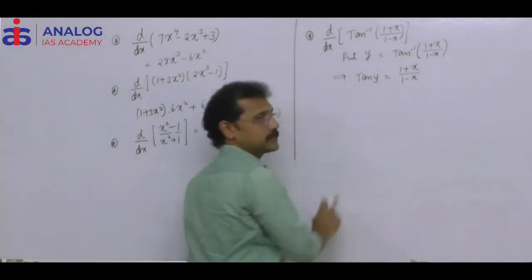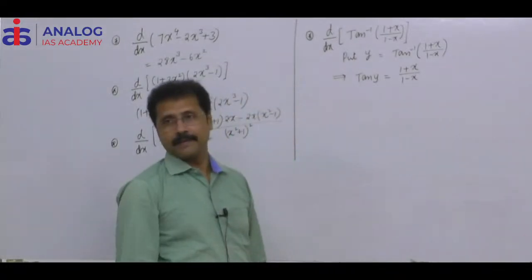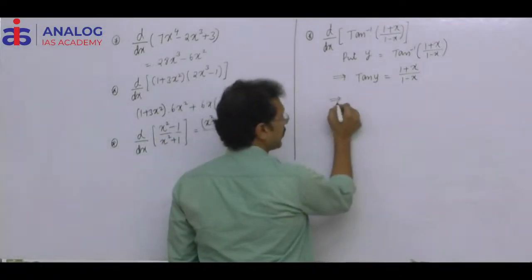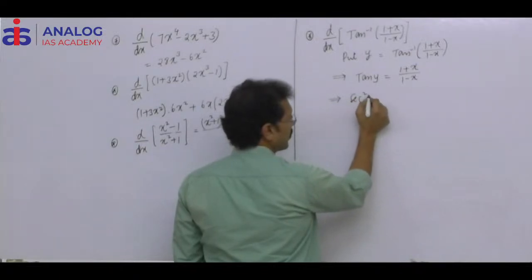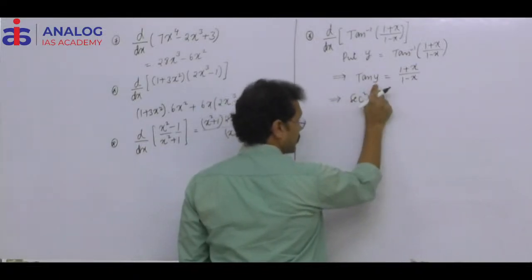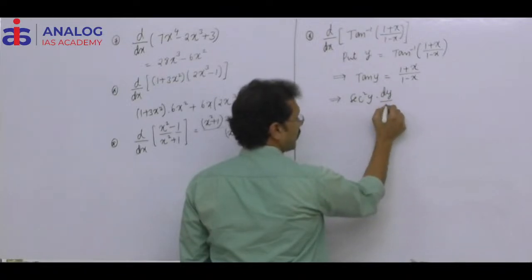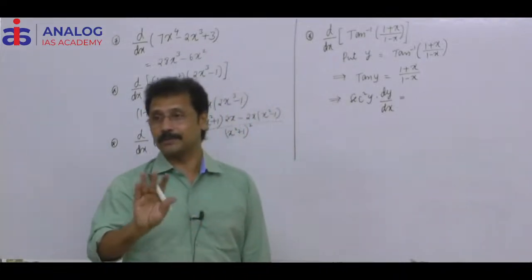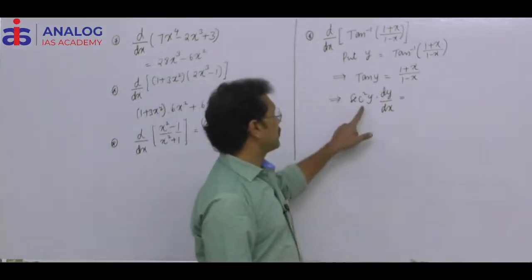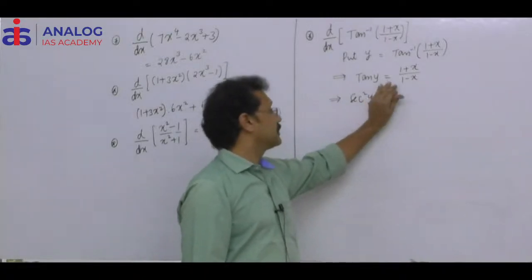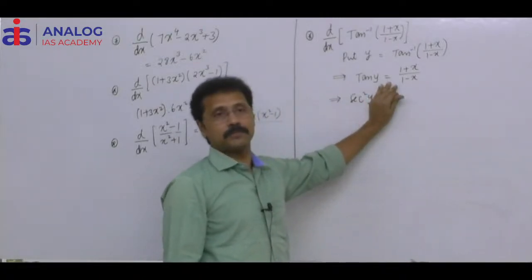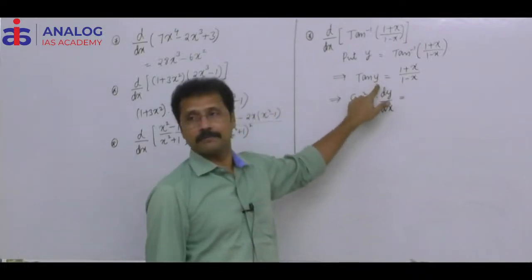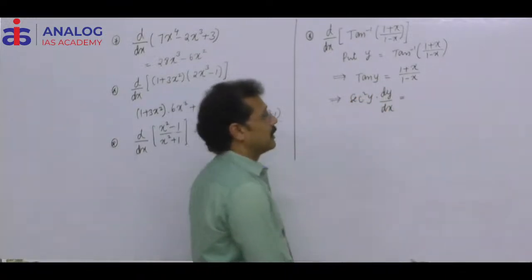What is the differentiation of tan y? Secant square y into differentiation of y, which is dy by dx, because we are differentiating with respect to x, not with respect to y. Had it been only with respect to y, then it would have been secant square y. Since I am differentiating with respect to x, it is secant square y into dy by dx, equal to differentiation of this u by v.